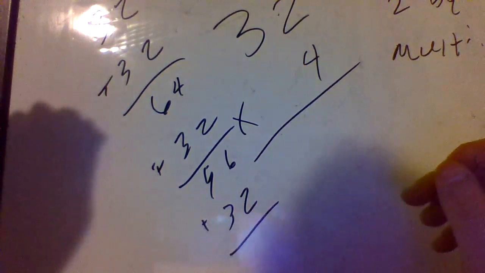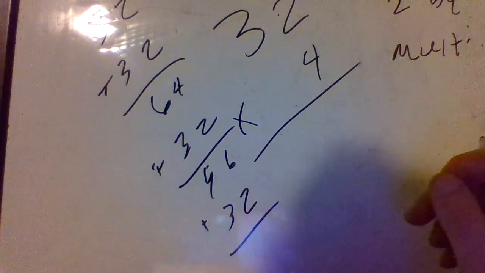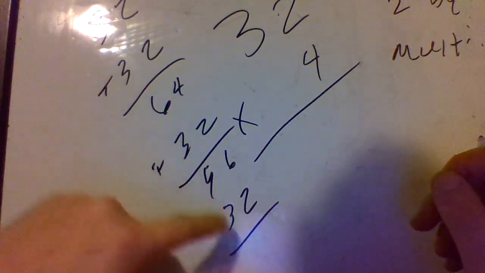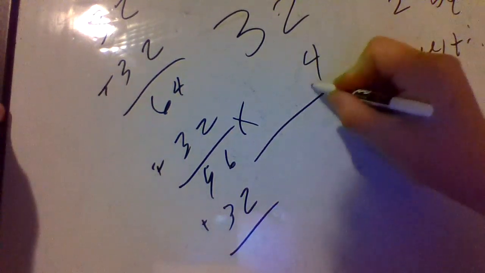Now, you just have to make sure you do 32 4 times. So we got 1, 2, 3, 4, and we got 4 times.